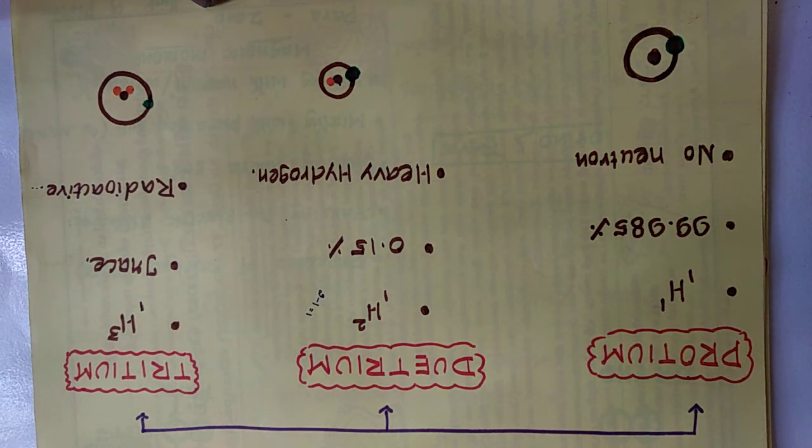Here tritium is radioactive. So in a one-word question it can be asked, out of the three isotopes of hydrogen, which is radioactive? The tritium is radioactive. These are the isotopes of hydrogen: protium, deuterium and tritium.